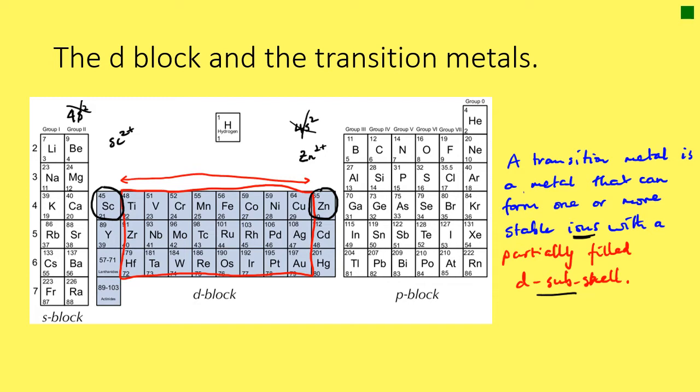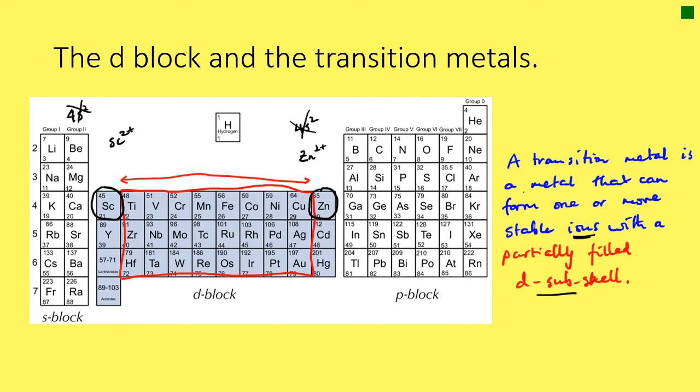And with zinc as well, when zinc forms an ion, you get Zn2 plus, and again the 2 electrons it loses are the 4s electrons. They're the ones that are lost, and it keeps all of its D electrons, so its D subshell is full.